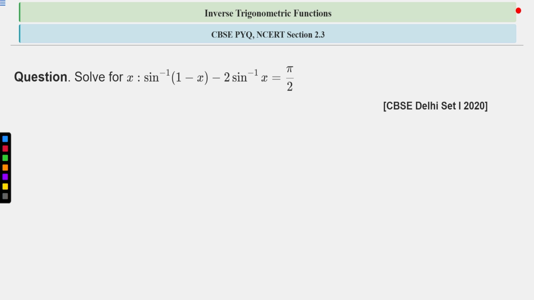So how can we find the value of x in this question? Okay. So I am giving you 10 seconds to solve or think about this question. After that, we will move to the solution part, right?